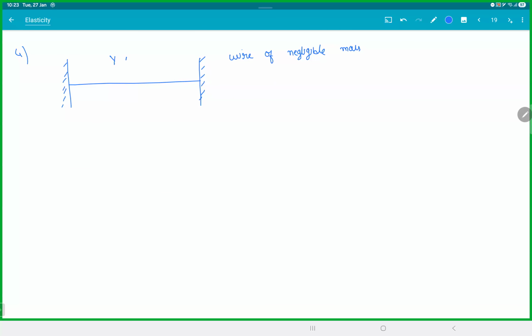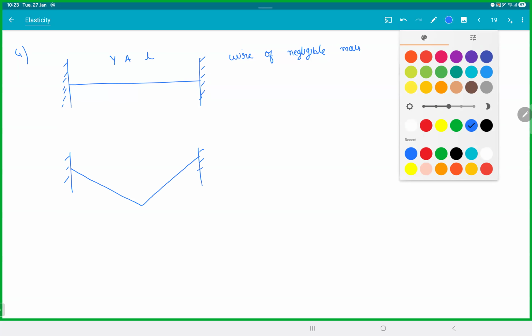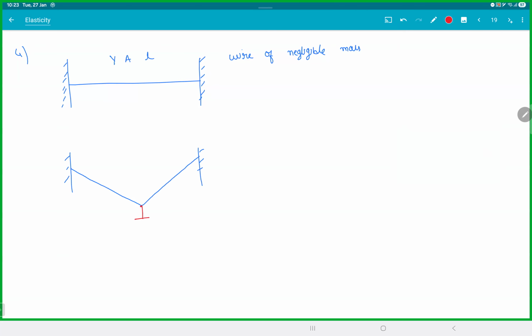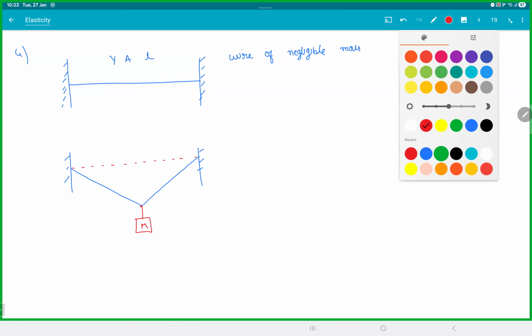Young's modulus Y, area of cross section A, length L. All three things are there. Then you attached a mass M in the middle. And because of this, the wire started sagging in the middle.